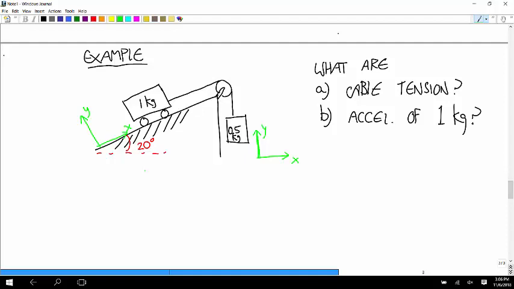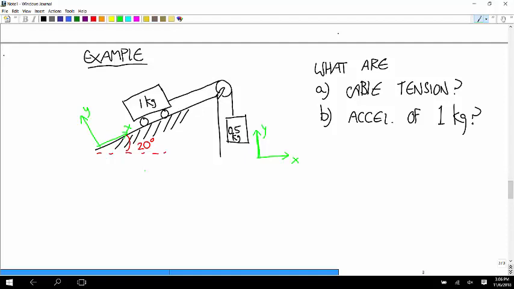So that means I'm going to isolate this one first. I'm going to come up with an equation that has two variables in it, so we can't solve it. Then I'm going to isolate this one, come up with an equation that has the same two variables, and then we'll use those two equations to solve for the two variables.